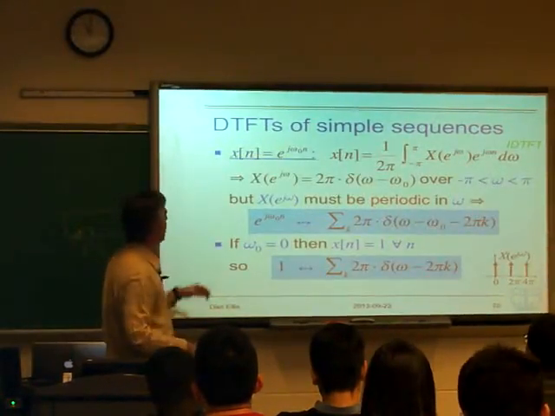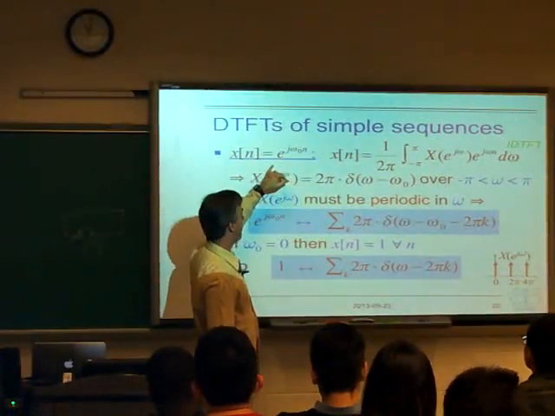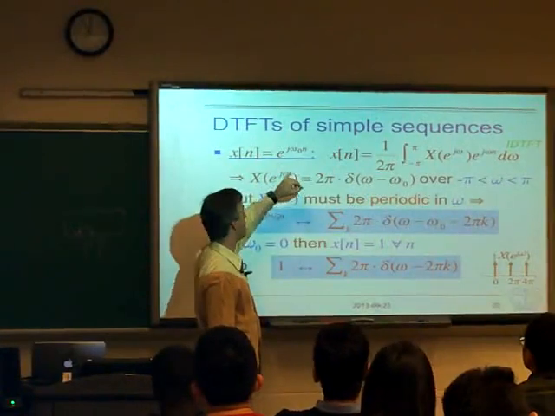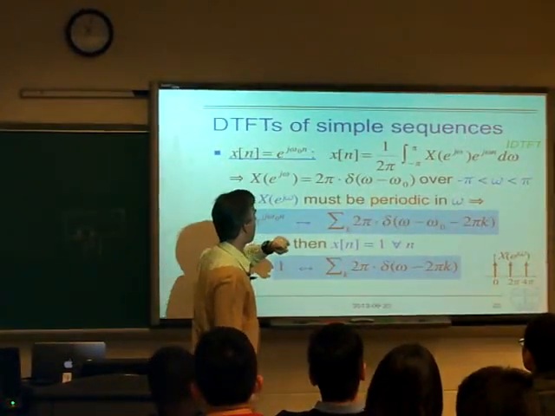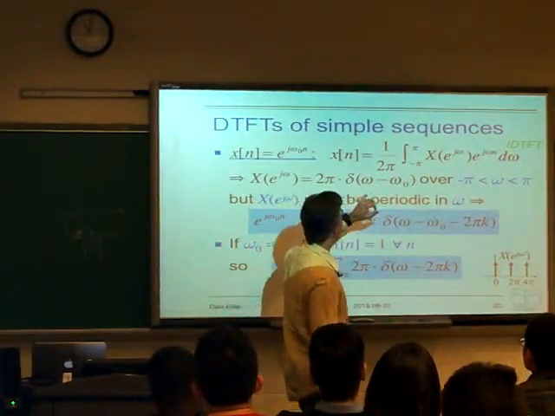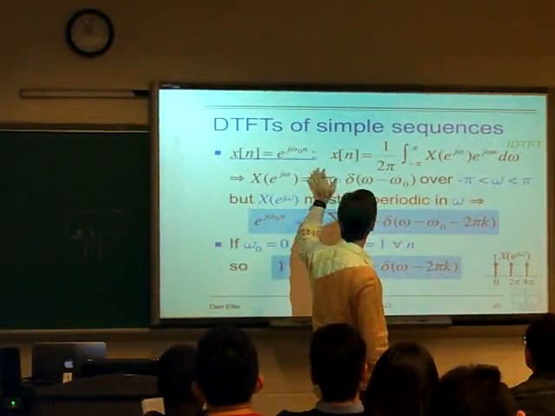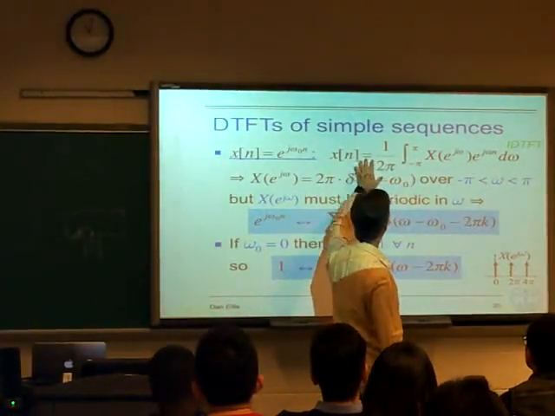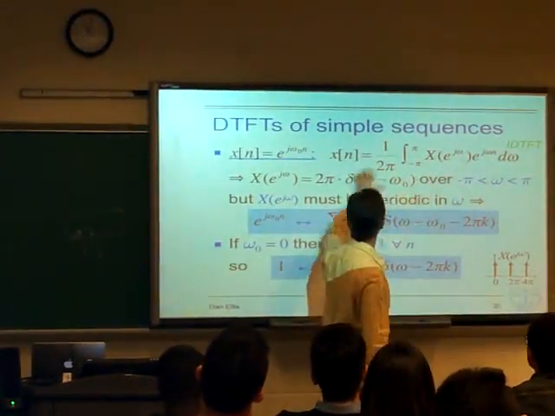All right, so what about another important basic sequence for us, a pure sinusoid, in this case a pure complex sinusoid, e^(j omega_0 n). And here, again, we can use the same argument we did in the continuous time domain, that, well, if that's true, then we want the inverse DTFT, which is this, to give us the right answer.